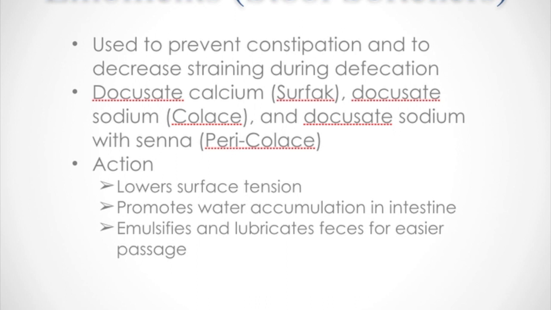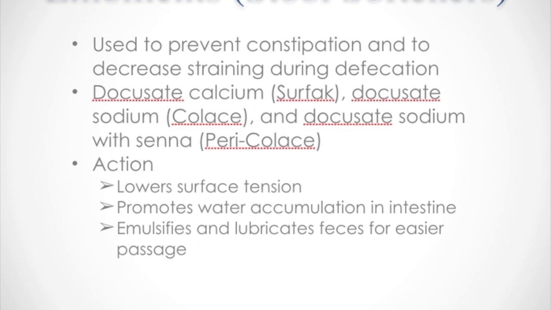The next type is emollients, which are stool softeners, and that's your Colace or docusate. And these are very commonly used after surgery or after a patient has a heart attack to reduce straining. The way that it works is it adds more water, making the stool more soft.